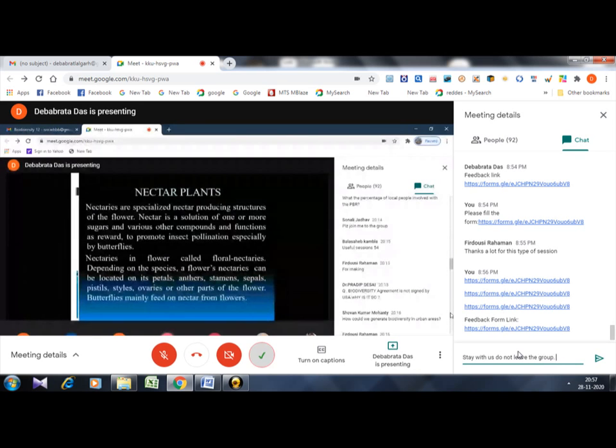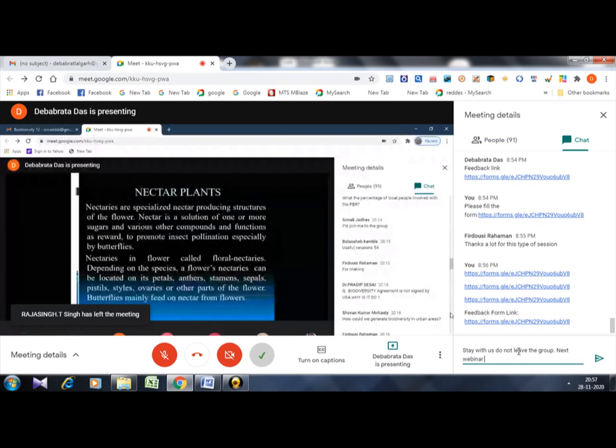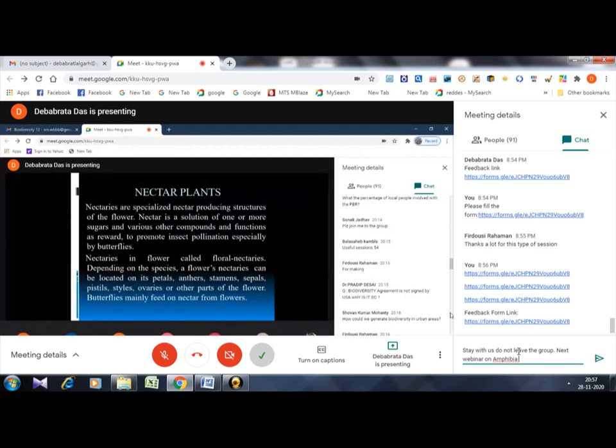Nectaries are the specialized nectar producing structures of a flower. Nectaries are not only present in the flower, they are also present in the petals, stamen, sepal, anther. But the nectaries present in the flower are called floral nectaries. Floral nectaries are designed in such a special way that the butterfly can stick its proboscis in the nectary and drink the nectar.